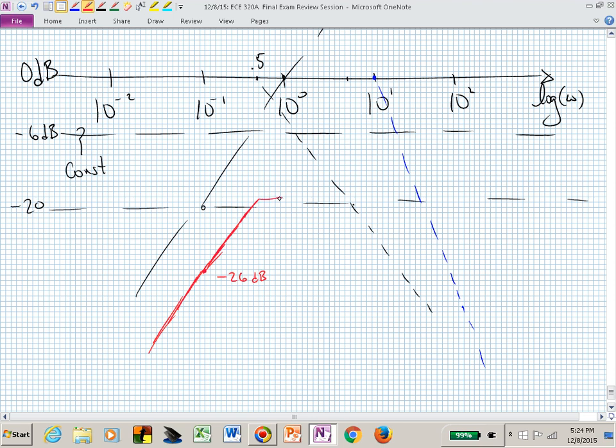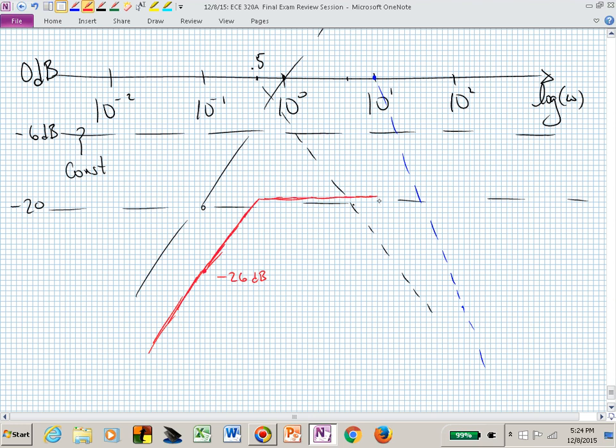We're now flat, not sloping until we see another break. And that additional break is coming at 10, and then what happens? Now we need to be parallel in slope to that blue dashed line, because that's the only net change in slope, because we've canceled all of our slopes up until that point.